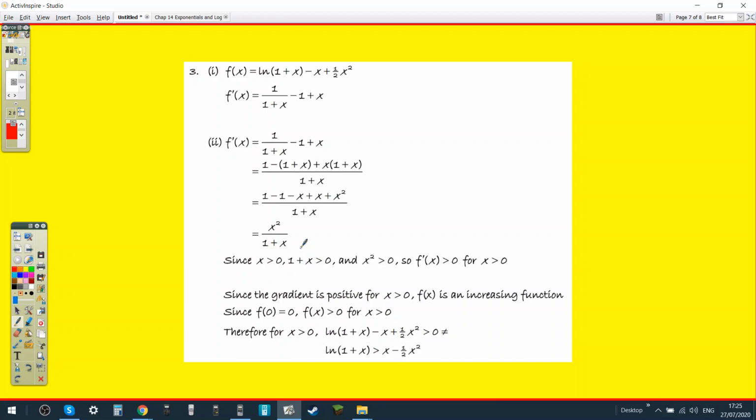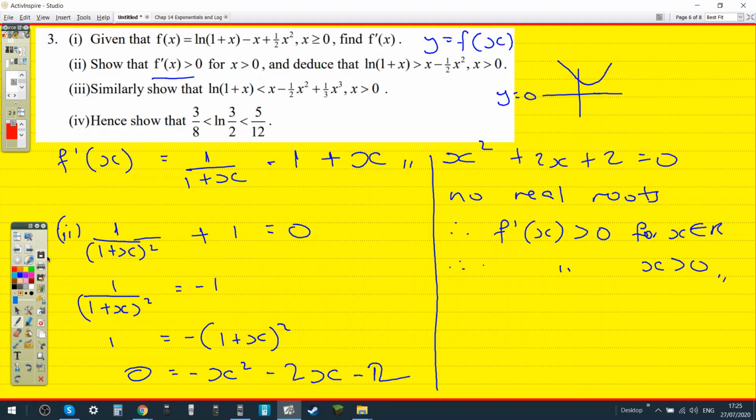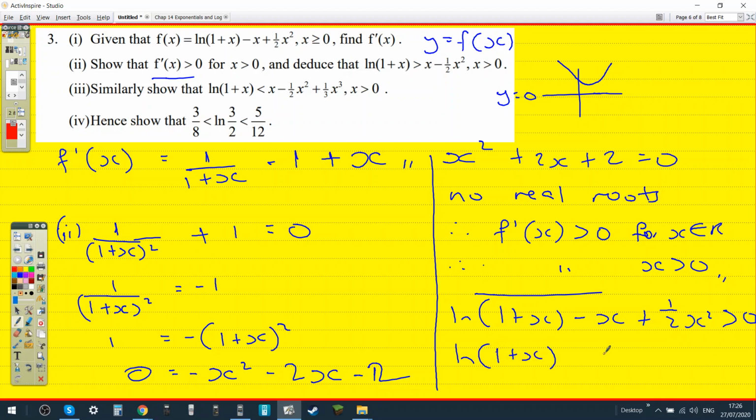Okay. Therefore, for x greater than 0, it's this thing up here: ln 1 plus x minus x plus a half x squared. That must be greater than 0. Yeah. And so you just move those to the other side. x minus a half x squared. Mm-hmm. There you go.